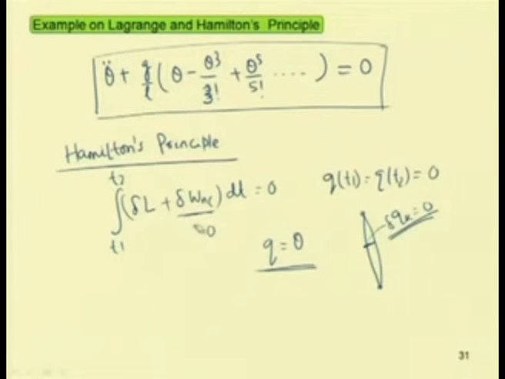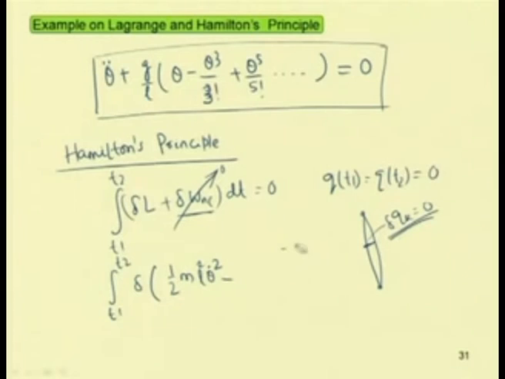So, in this case delta WNC equal to 0, no external force is acting on the system. So, one can write integration T1 to T2 for this L. L is half m v square, that is half m L square theta dot square, minus u.